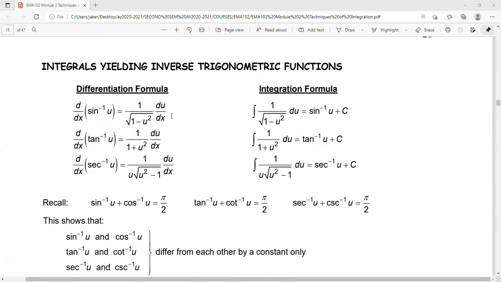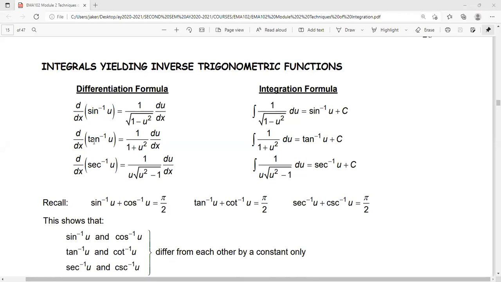So when we differentiate then in your differential calculus, the arc sine of u, this is your derivative. Du dx, you get the derivative of the argument of the arc sine, and you divide the answer to that by the square root of 1 minus that same argument, which is squared.